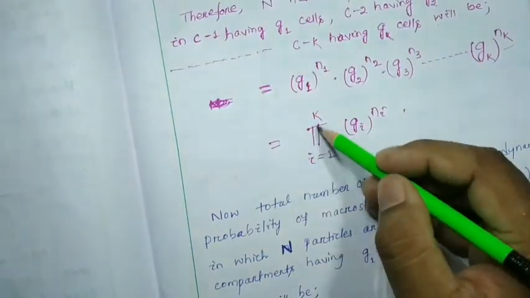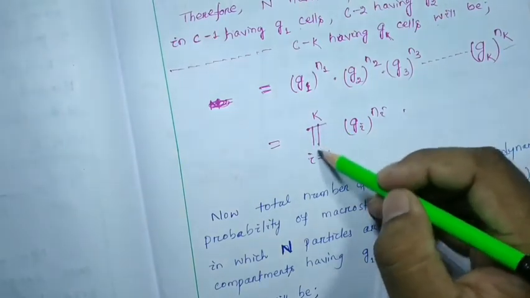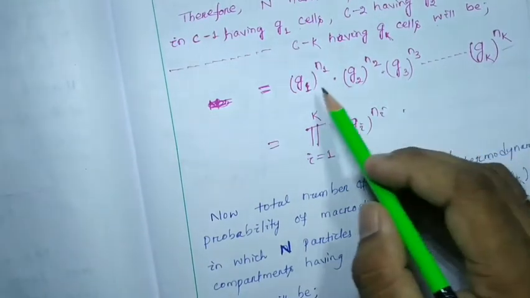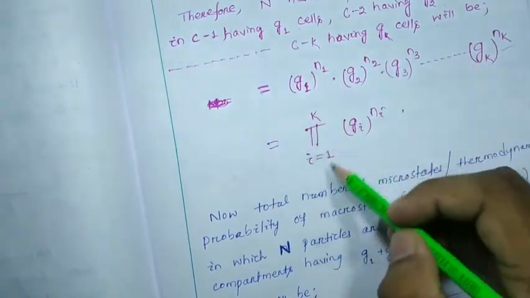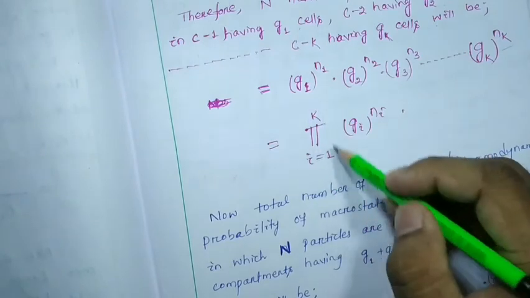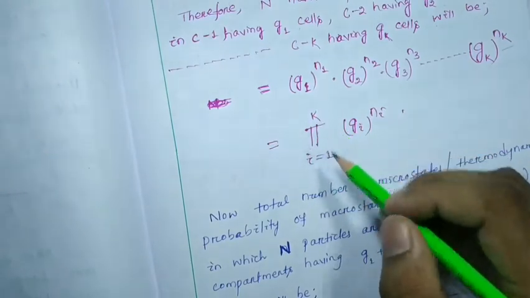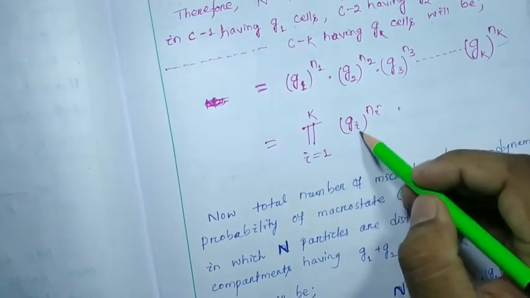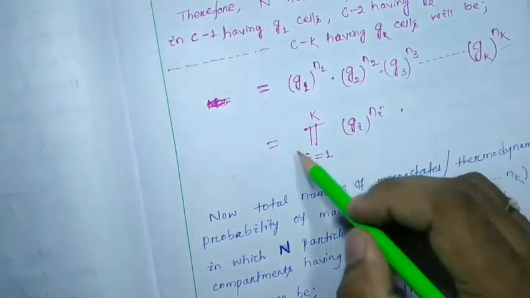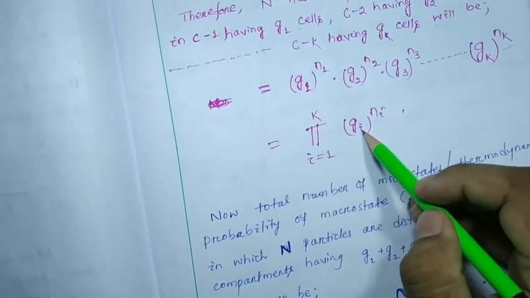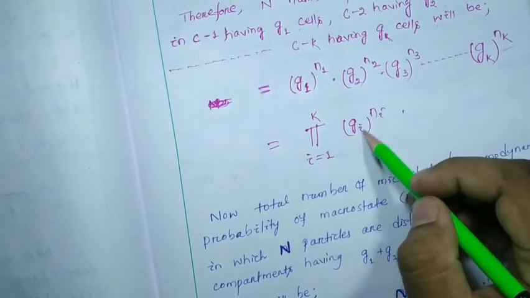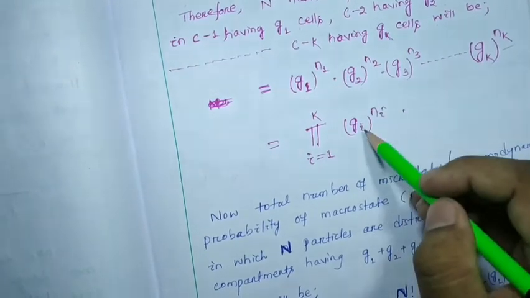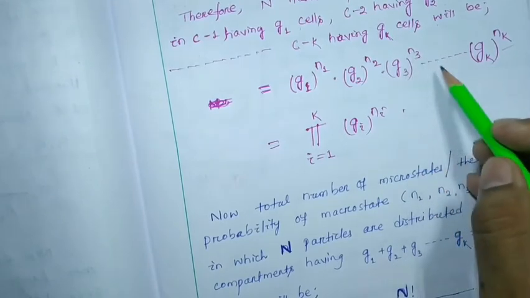That can also be written in product notation. This symbol represents a series of products. Just as a summation symbol is used for addition, for multiplication the symbol is pi, which represents continuous product terms. So it is the product for i equal to 1 to k of gi to the power ni, that is g1 to the power n1 into g2 to the power n2 into g3 to the power n3 up to gk to the power nk.